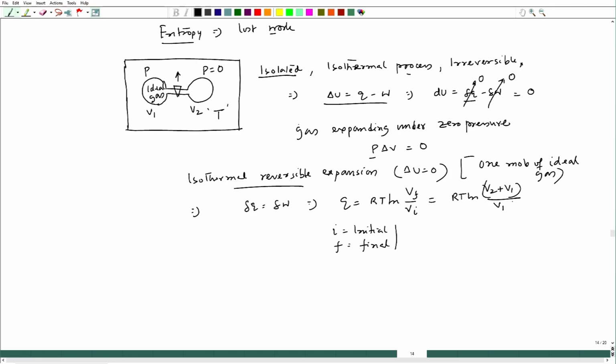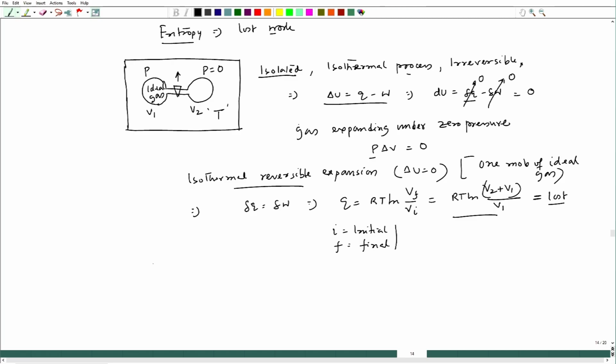So, now this should have been my work component. Now, I could see that when I go for an irreversible process, and that too isothermal, and the gas is expanding against 0 pressure, the work component is 0. So, that means this part is completely lost.